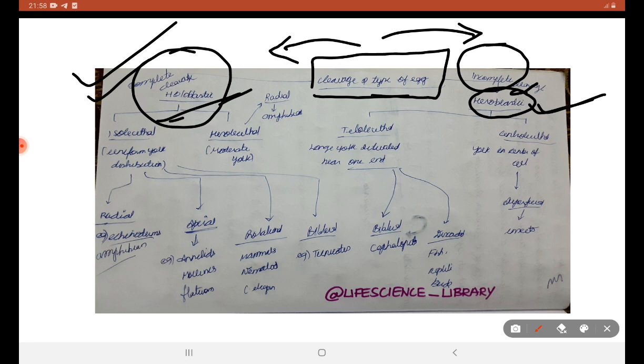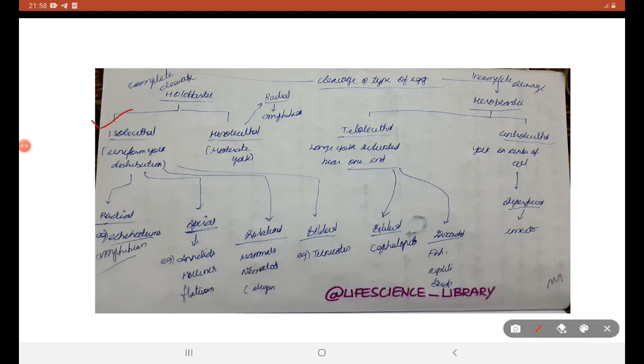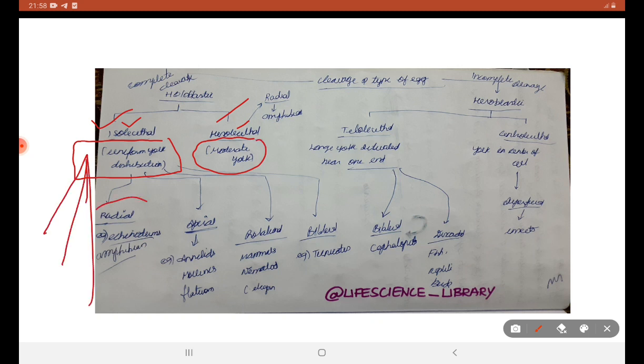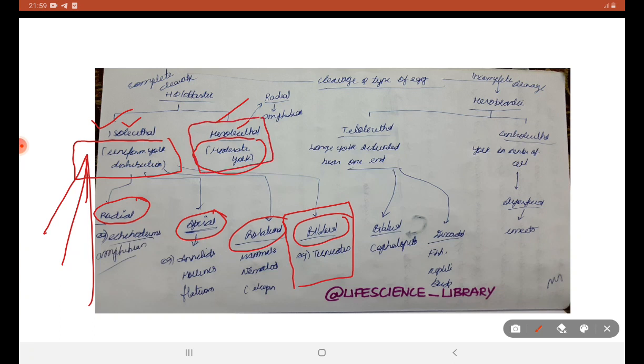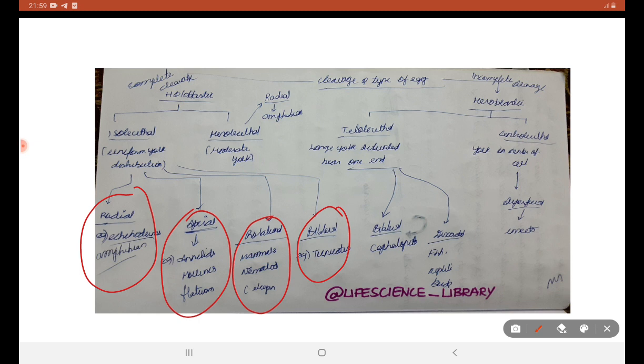Holoblastic can again be divided into two different classes, isolecithal and mesolecithal. Isolecithal means uniform yolk distribution. Mesolecithal is moderate yolk. Isolecithal is again classified into four different categories: radial, spiral, rotational and bilateral.